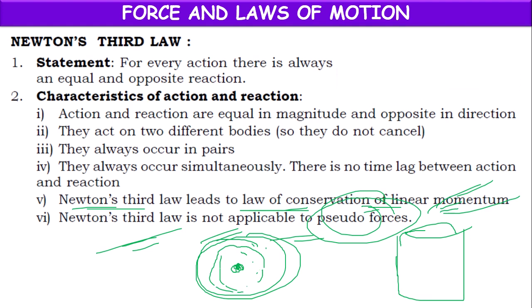One force will be pulling it towards the center, and one force will be pulling it outward from the center, which balances with one another. So that's why the object moves in a fixed path. The inward pulling force is a real force, but the outward pulling force is a pseudo force, an imaginary force. For these kinds of forces, Newton's third law is not applicable.